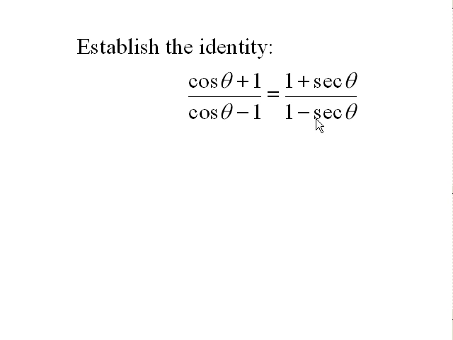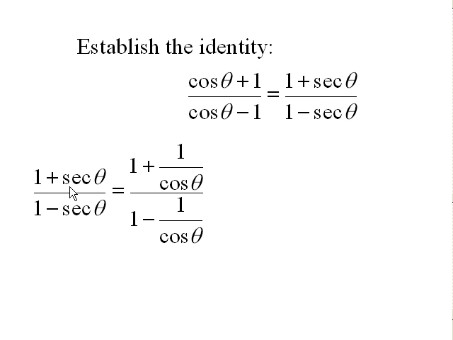I like working with sines and cosines more than the other functions, so let's first of all put the right-hand side of this in terms of sines and cosines. The reciprocal identities say that 1 plus secant theta is 1 plus the reciprocal of cosine theta, so that's what's on top, and 1 minus secant theta gets the same treatment on the bottom.